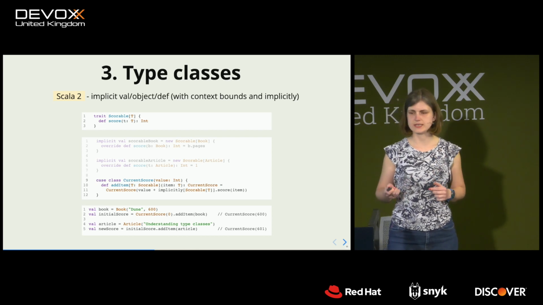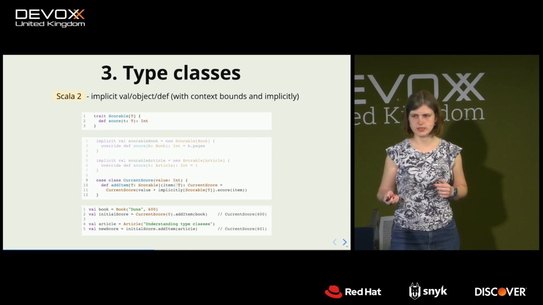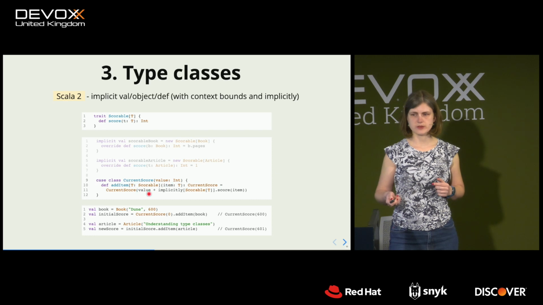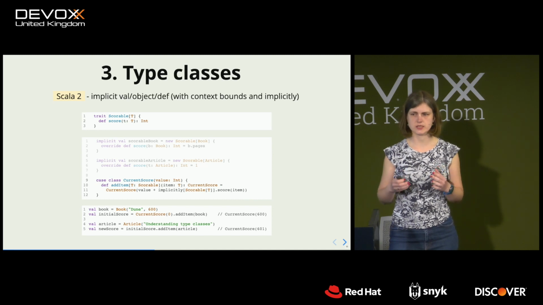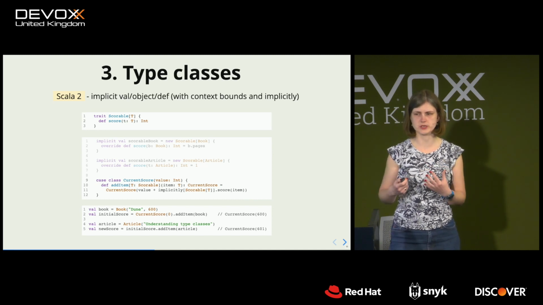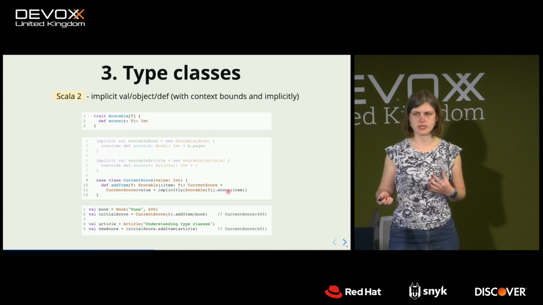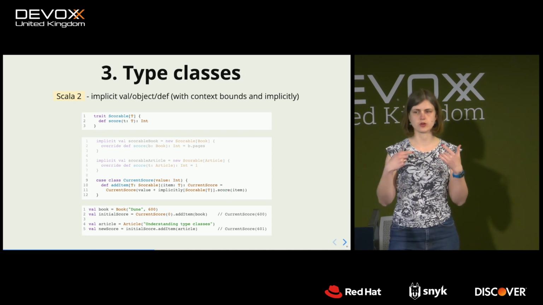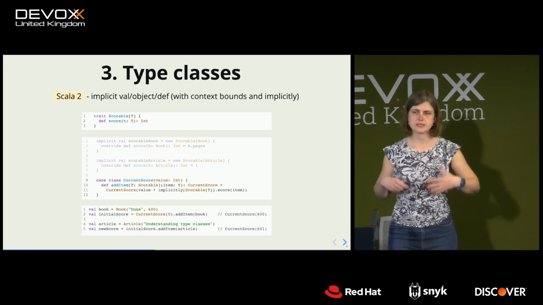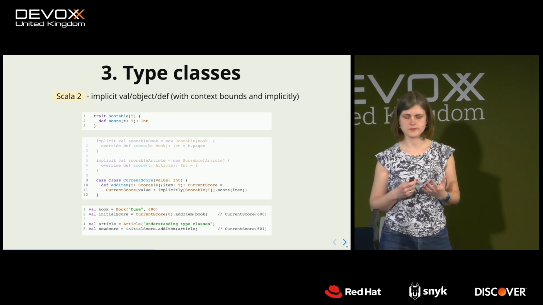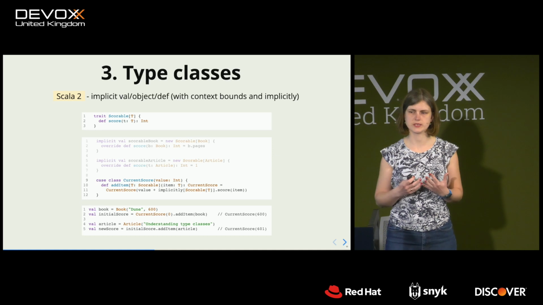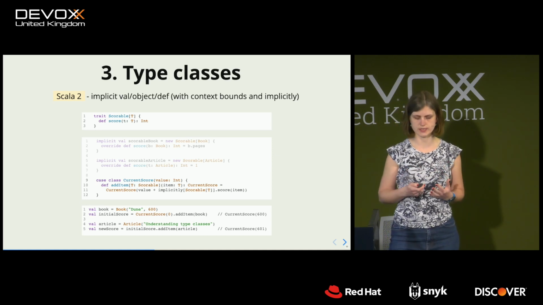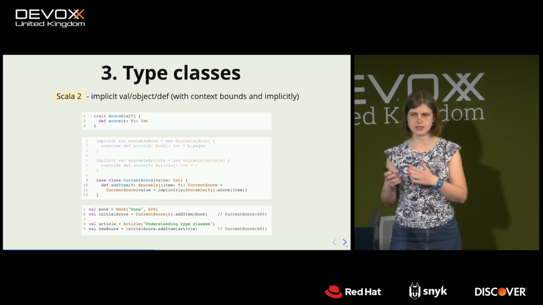And then when you add an item of such type T, then you take the current value of the score, and then here this implicitly of scorable is just saying, dear compiler, please fetch me the appropriate implementation of the score method according to the type that we were called with. So that's how you can use type classes to implement and use common behavior of unrelated types. And this is Scala 2.